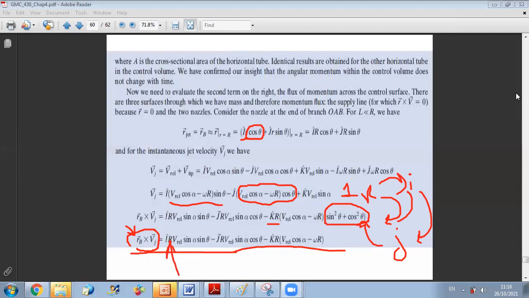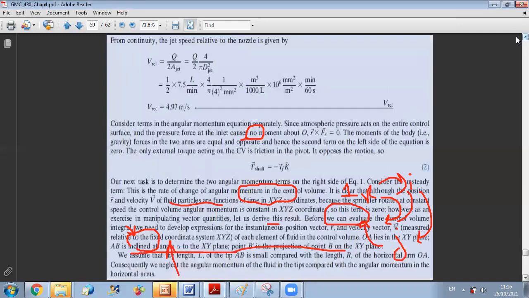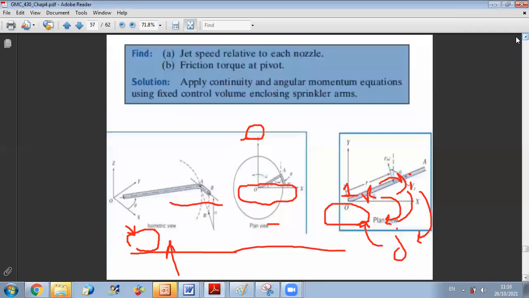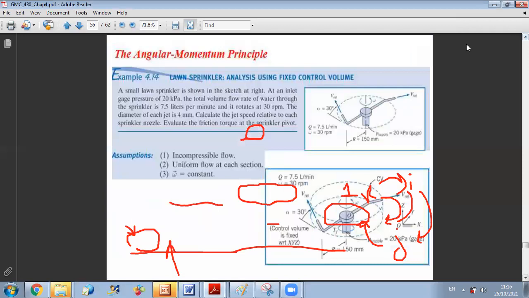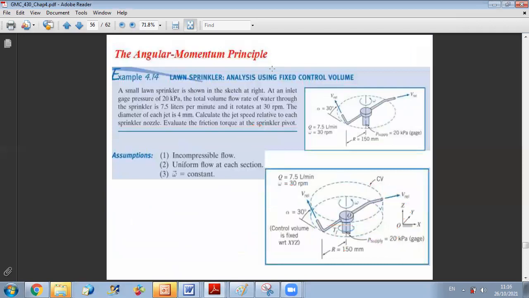Because if you go back to your figure, look at your figure. This is the relation between the first outlet and the second one: the difference between R of the first, okay?